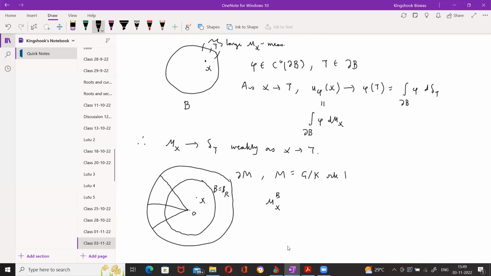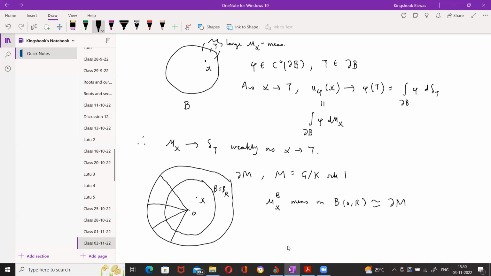I just follow the geodesic from the origin where it passes through the finite ball, and I extend it till it hits the boundary at infinity. So using this identification, this is a measure on B_R, which I can identify with boundary M.